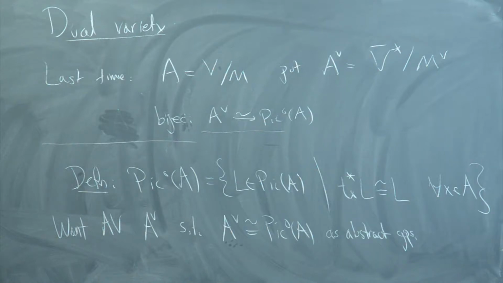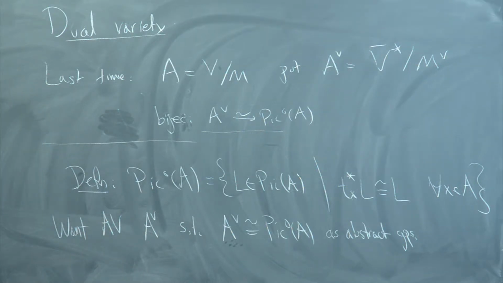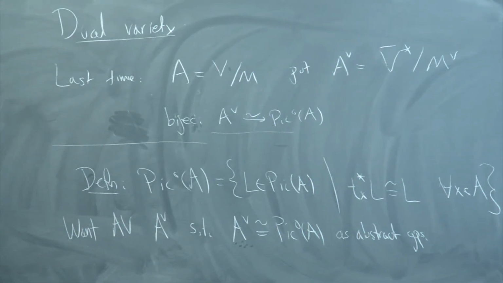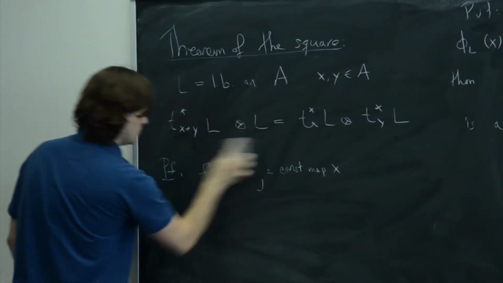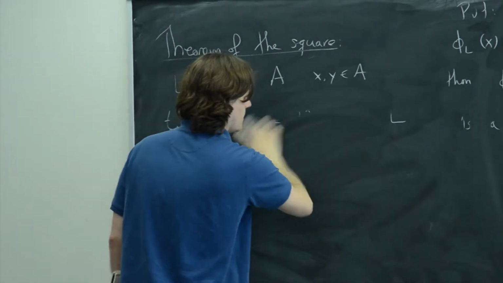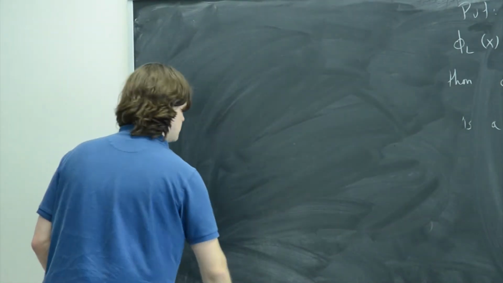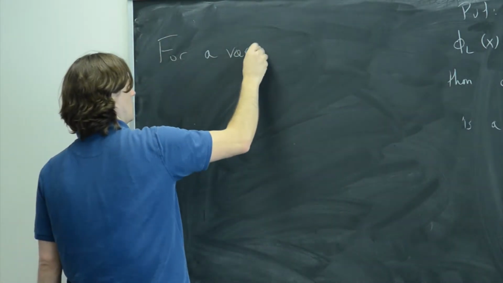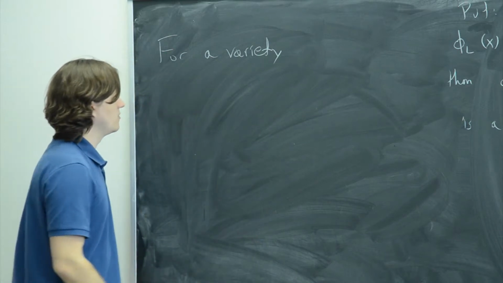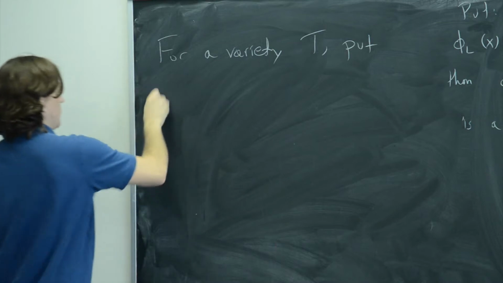Of course, you can't define a variety just by giving a set of points. You can do it by giving its functor of points. So let's try to give the functor of points of Pic not A. So for a variety T, and you could do this with the scheme as well if you prefer, but it doesn't matter, I'm going to define a functor.